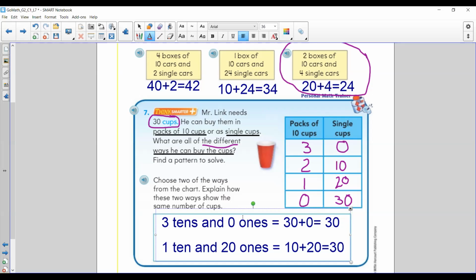So those are two ways that we can show that all of these actually equal 30. And this is why. Okay, I hope you had fun in math and even more fun with your homework. Good job, boys and girls.